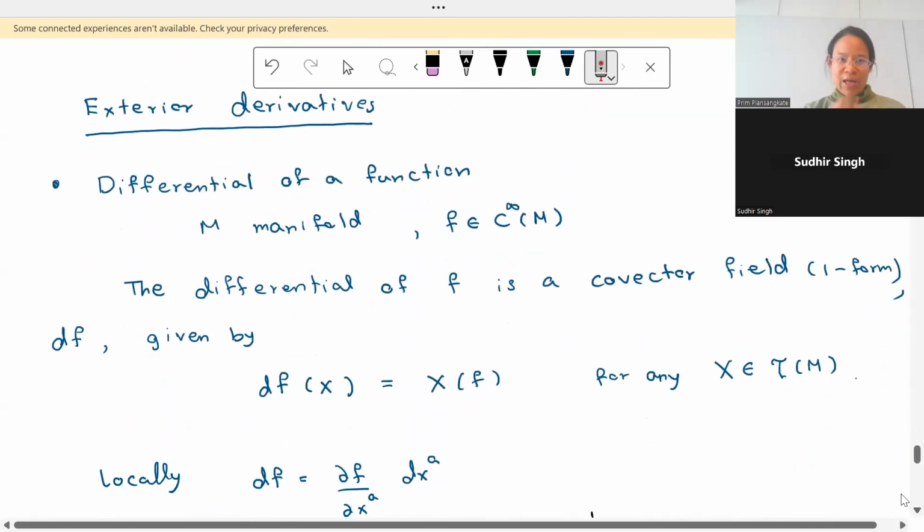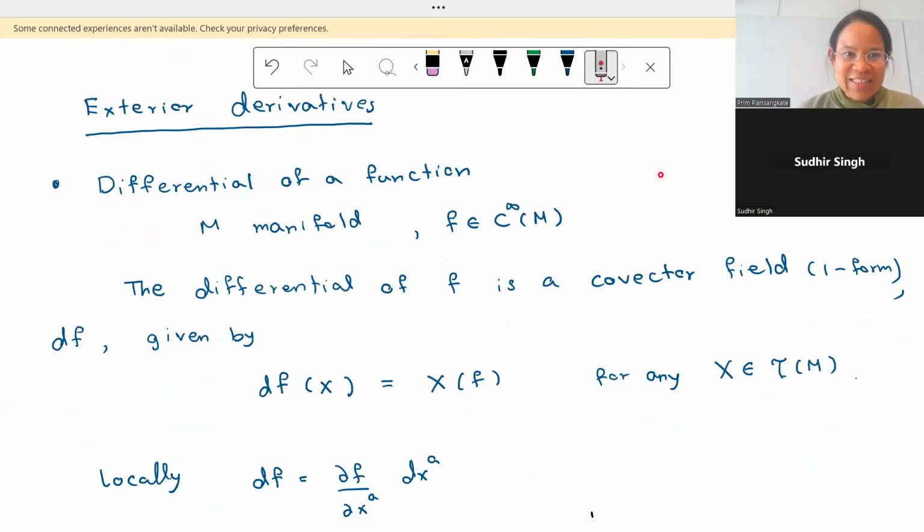Okay, now last thing, before we finish with this, I need to say something about the exterior derivative. This is how we can differentiate a differential form. So let's start first with a zero form.